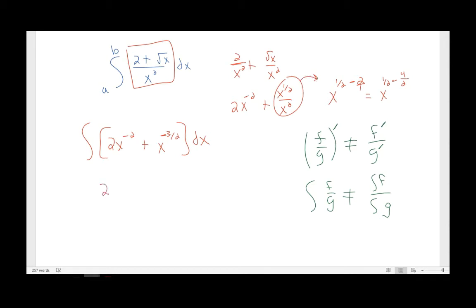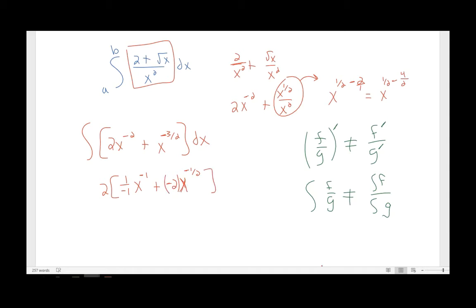So now I'm going to pull the 2 out and add 1. So negative 2 plus 1 is negative 1, and I multiply by its reciprocal, and then add 1 to the power. So negative 3 halves plus 2 halves is negative 1 half, and then I multiply by its reciprocal.